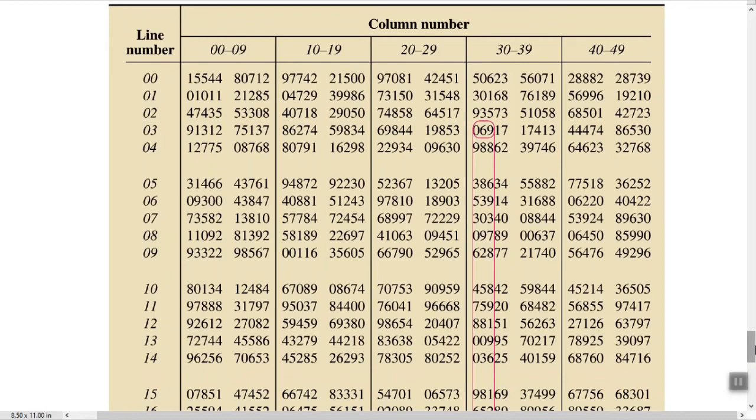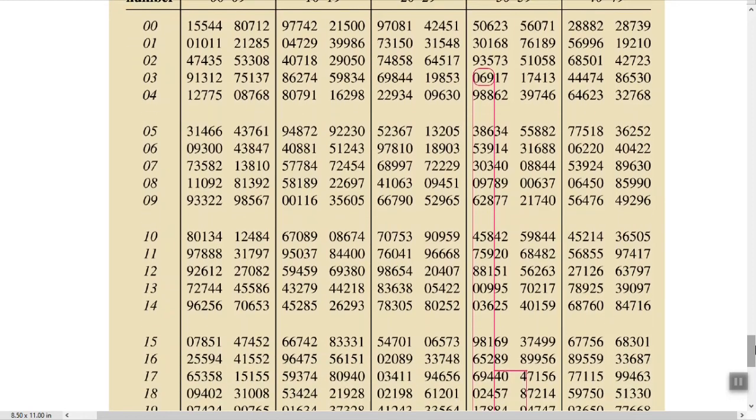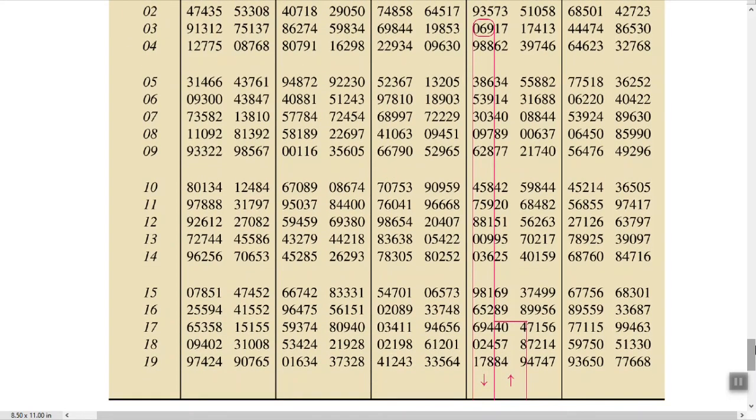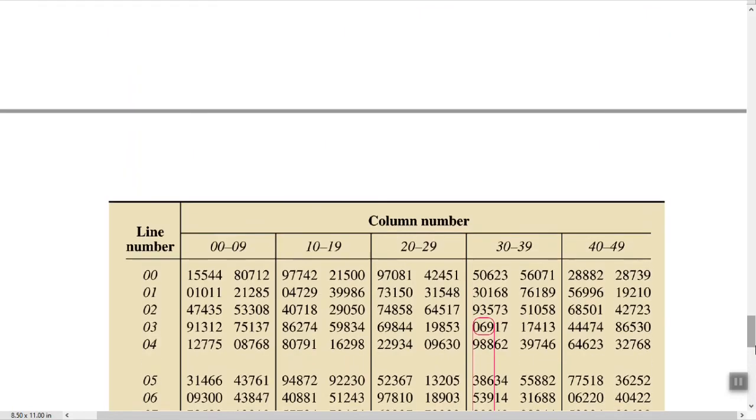Normally each number has 5 digits, and you can select the first three digits or last 3 digits, something like that. You can move either row-wise or column-wise. That's the beauty of this table. But you don't need to know more about it, as we don't use it nowadays. If you want to know more, you can read the notes.